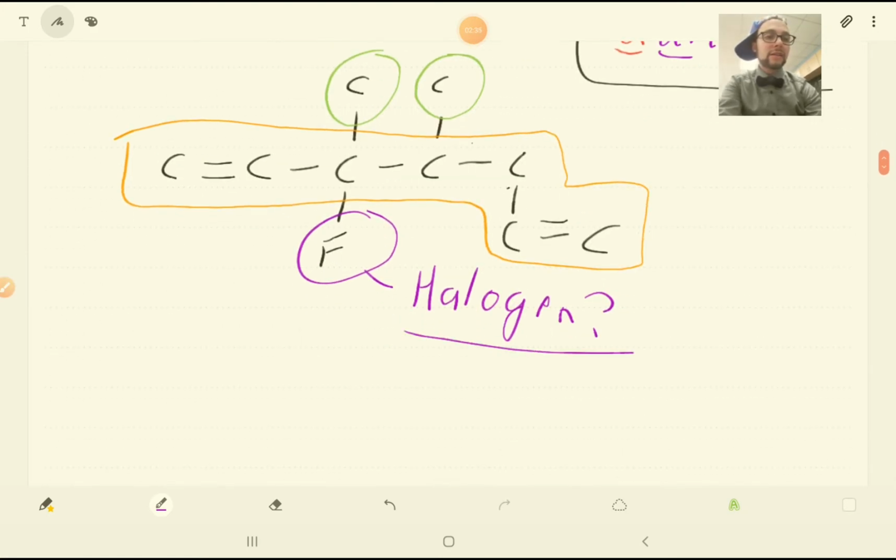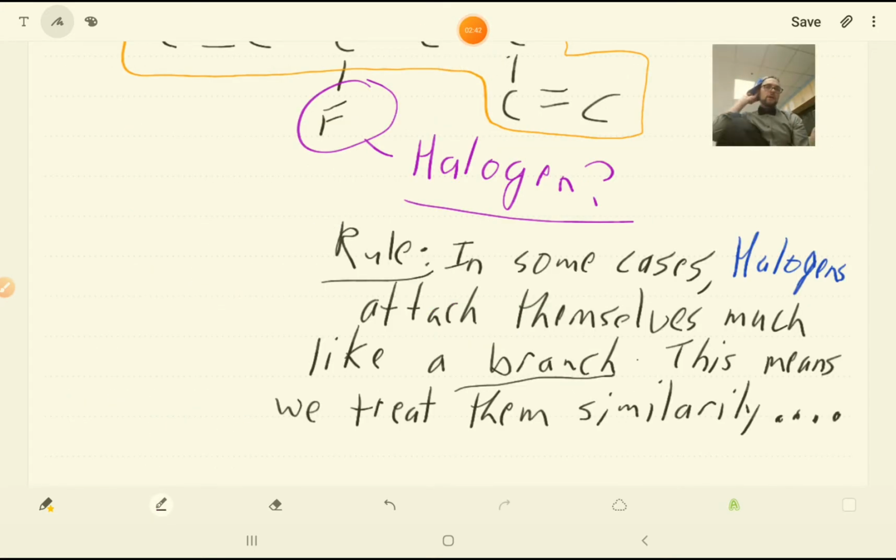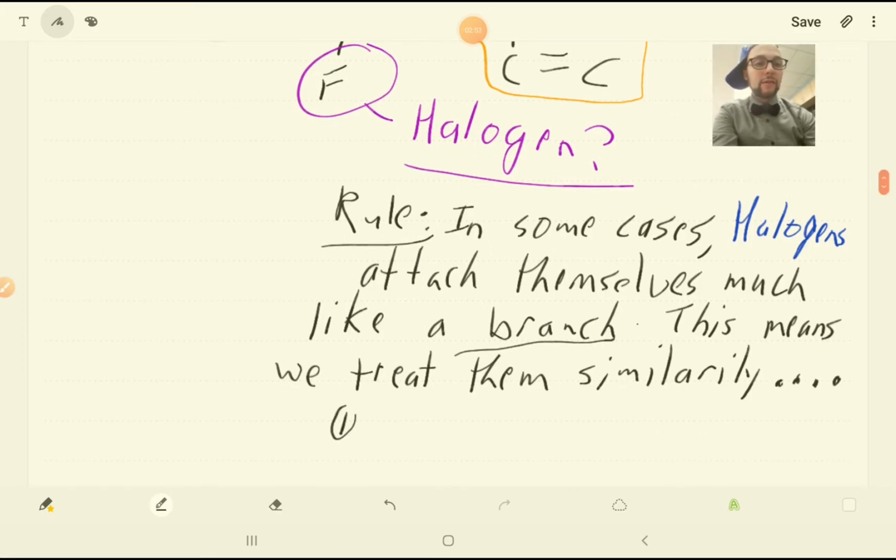And underneath this, we're going to write another little rule here. The rule is that in some cases, halogens attach themselves much like a branch, which means we're going to treat them similarly. By treat them similarly, we mean that for starters, we're going to label the carbon number they occur at.